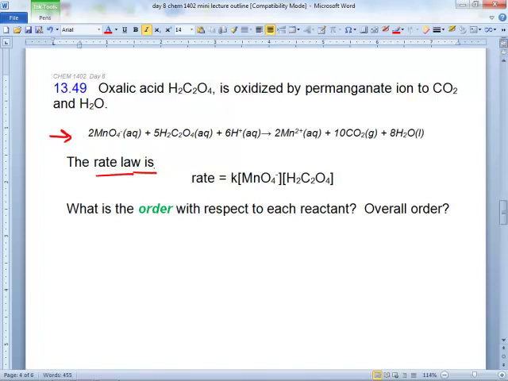But the order with respect to each reactant is 1. And the reason why I did this is it's confusing. They never write the 1s, right? We should, though, because that's what our X and our Y are. They're both 1s. So with respect to each reactant, I guess you could say 1 and 1 or something, doesn't matter. But the overall order, 1 plus 1, would be 2.